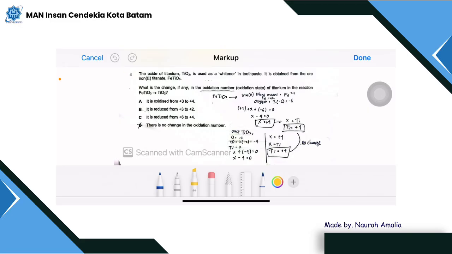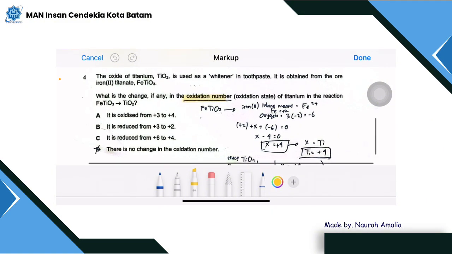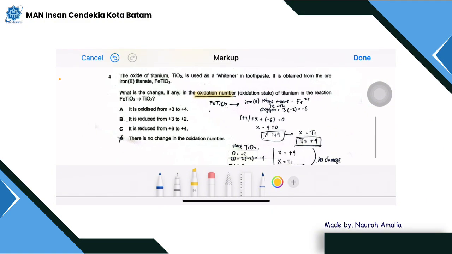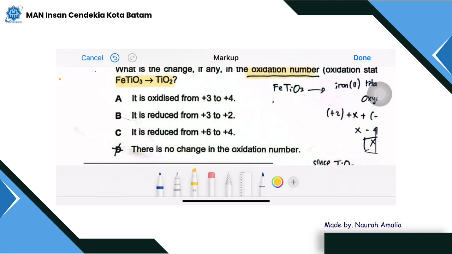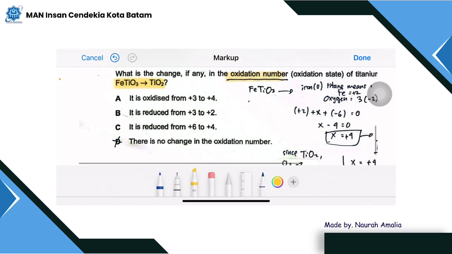The oxide of titanium, TiO2, is used as a whitener in toothpaste. It is obtained from FeTiO3. And what is the change, if any, in the oxidation number of titanium in the reaction FeTiO3 to TiO2?